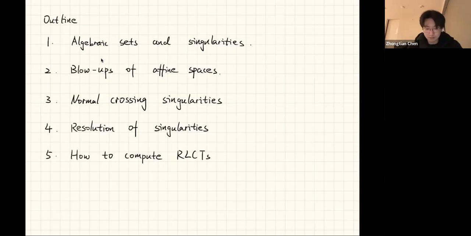In the end, we will compute RLCT for that simple example. Don't be distracted by all these words, everything will be encoded in examples. That's why this talk is basically handwriting, because there are a lot of calculations and examples.